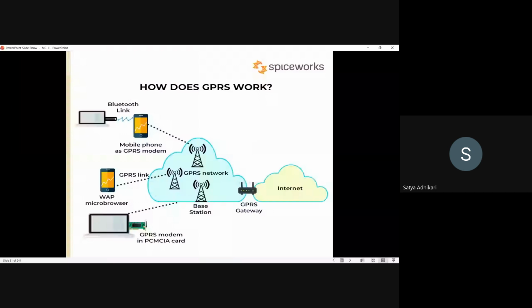The GPRS network is connected to the mobile phone as a GPRS modem, and is connected by Bluetooth and GPS also, which accesses protocol micro browser GPRS mode. So this is the GPRS network and the working of the GPRS network.